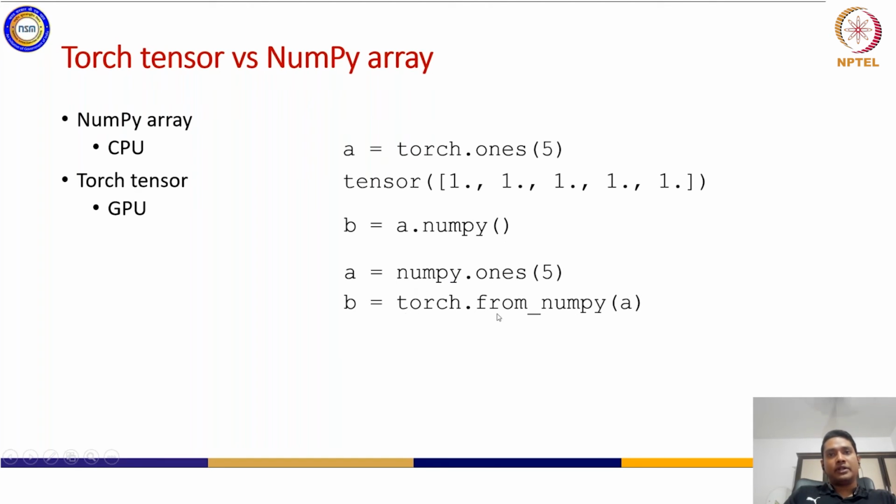Now I want to convert it into a tensor. The from_numpy function will transform your array into a tensor. So if you already have data available as array elements in your program, then you can convert it into tensors using this simple function. And you can leverage the flexibility of available GPUs to run this.